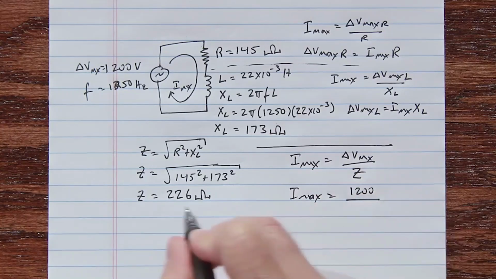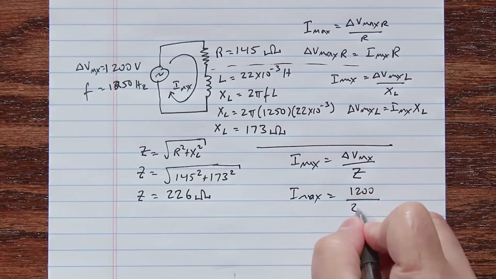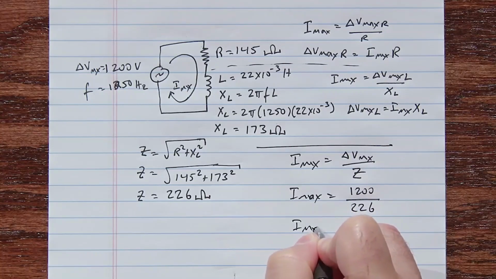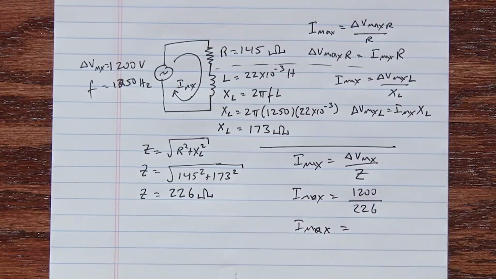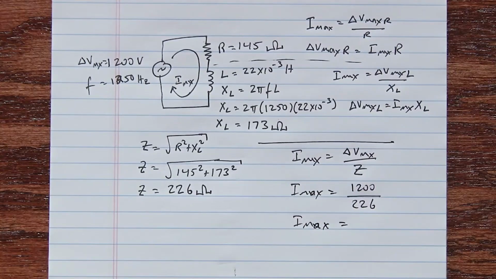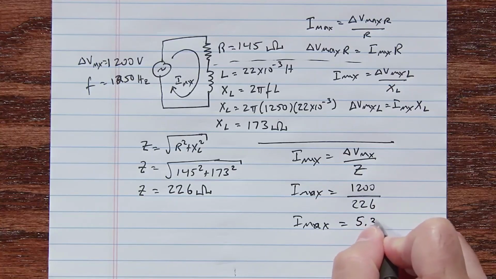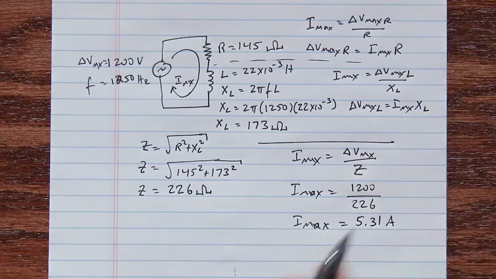So I max is equal to 1,200 volts divided by 226 ohms of impedance, or 5.31 amperes. So that is the maximum current in the circuit.